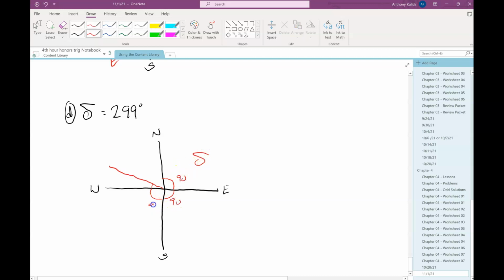And my theta is 90, 90, 90, and then 29 more. And my theta is 90, and what's this one got to be? 61. So theta is 151.